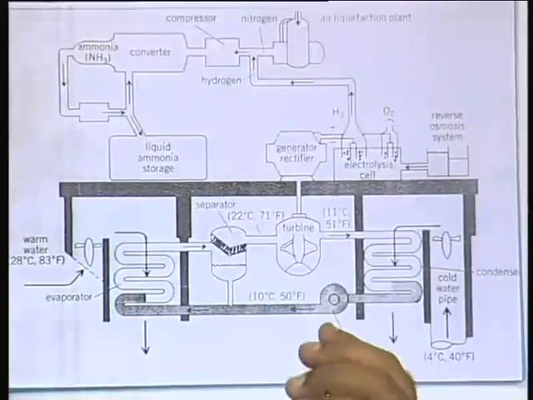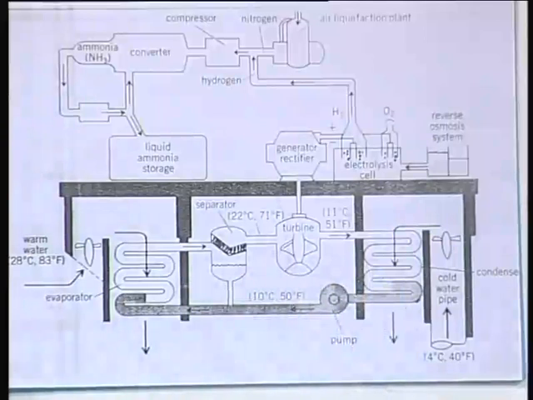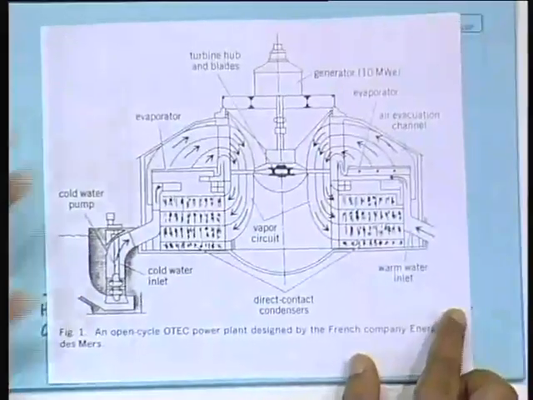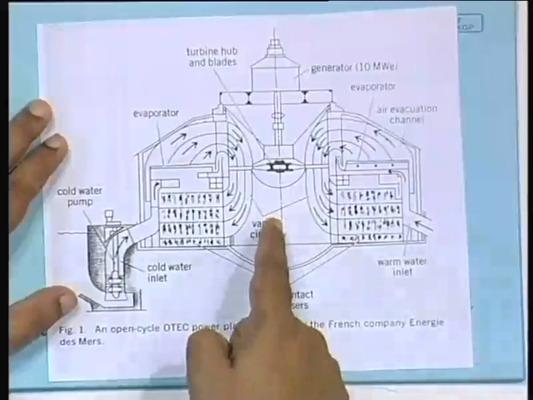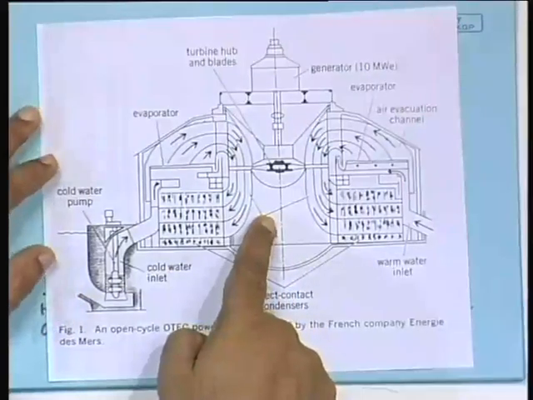Only when the first prototype that has been made, as I told you, 1 megawatt prototype, only when that becomes successful, people gain experience, people gain confidence, then these individual components can be industrially produced, thereby bringing down the cost by a very large extent. In the open cycle also you can see the turbine itself is a huge affair.